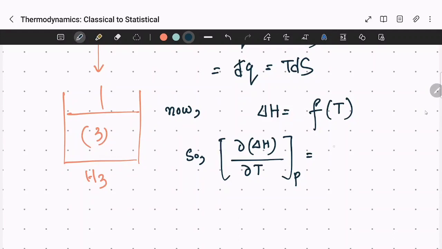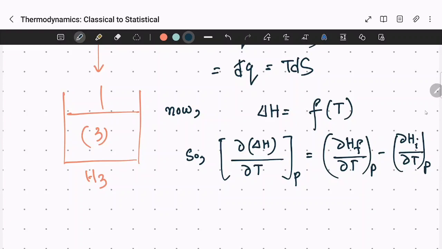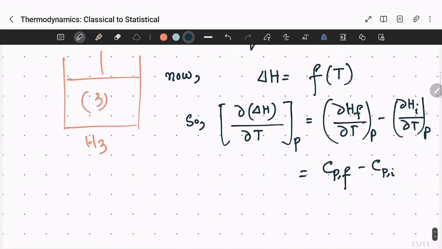We can write it as del H final del T at P minus del H initial del T at P. So it is obviously CpF minus CpI, so it is del Cp.